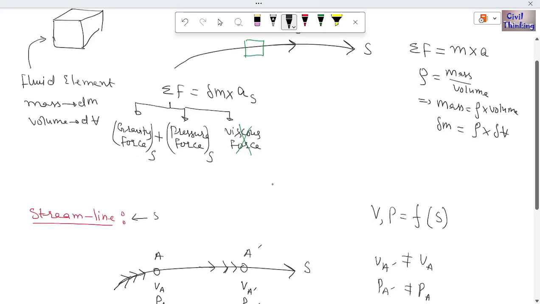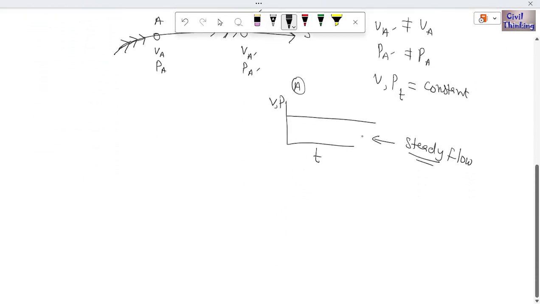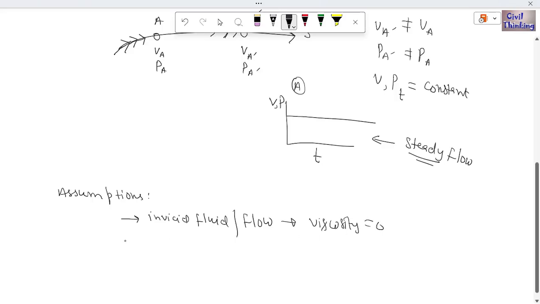The second assumption is that the flow is steady. So these are the two assumptions.